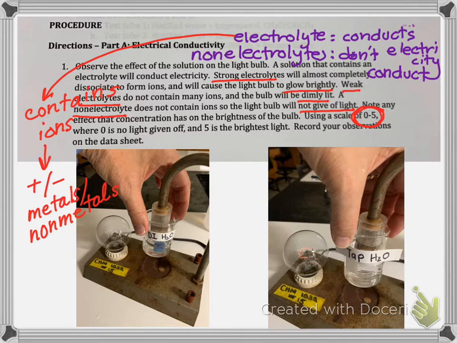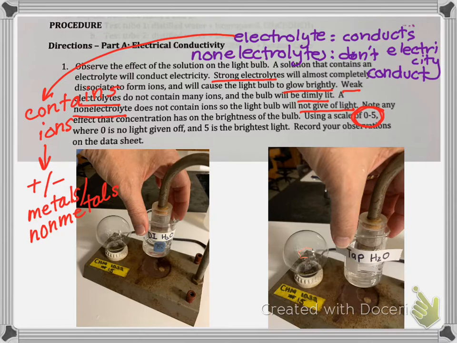Now, I would anticipate normally in class, if it's a 0, it means there's no light and everybody should have zeros. If it's between a 1, 2, 3, 4, 5, people's numbers may differ because our eyes interpret the brightness a little bit differently. So 0 will be no light. We should all match there, but the higher numbers, I might think it's a 5 and you might think it's a 4, and that's fine.